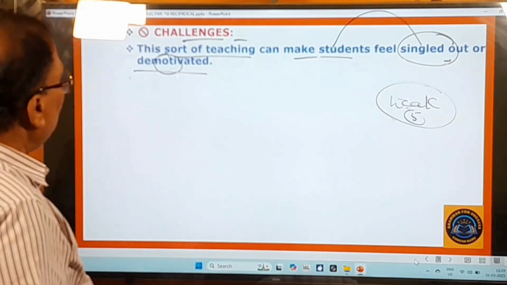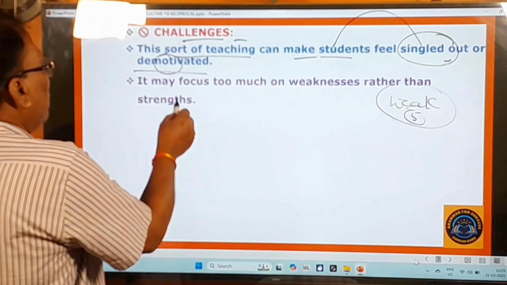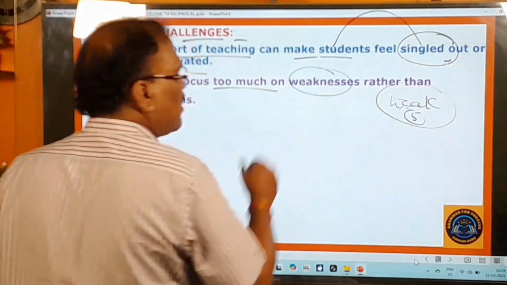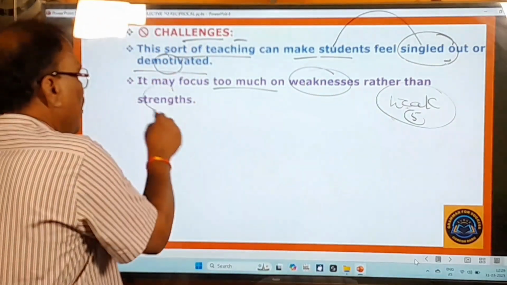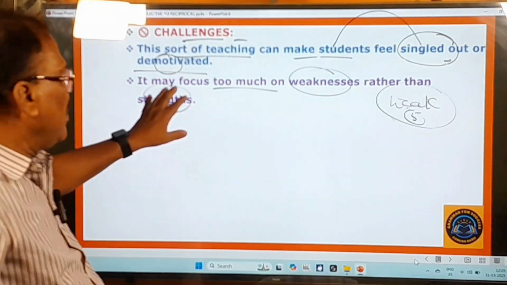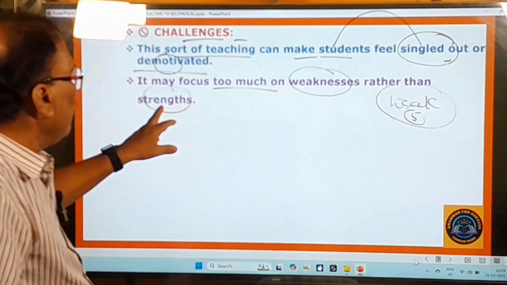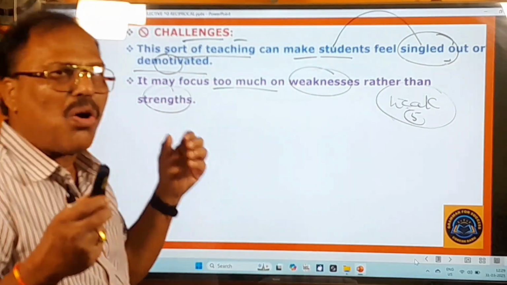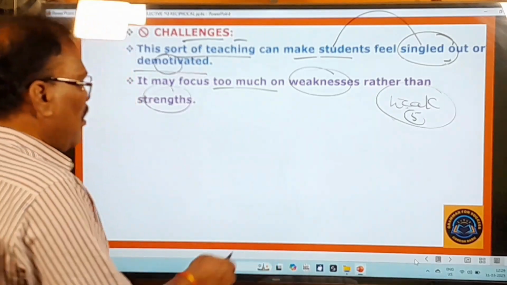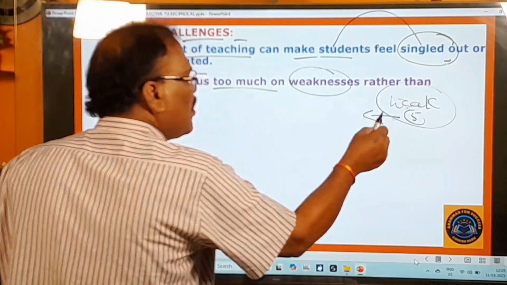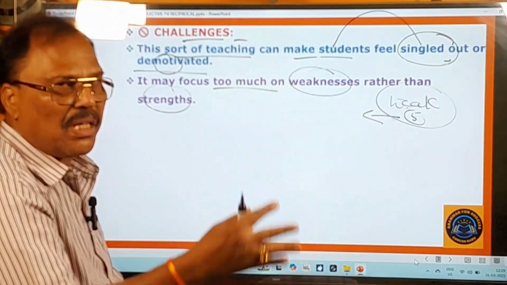Another disadvantage is also there. It may focus too much on weaknesses rather than on strengths. So this remedial teaching will focus more on the weaknesses than on the strengths. Strengths means strong points. These weak students might be strong in other areas also, in other subjects.